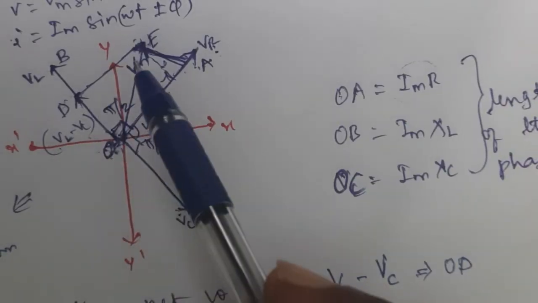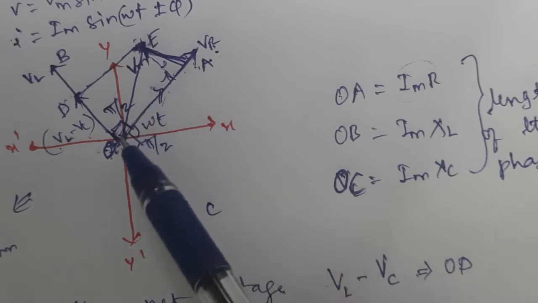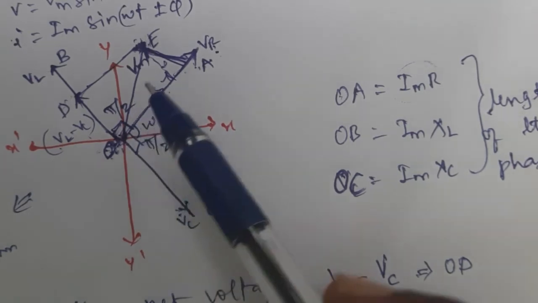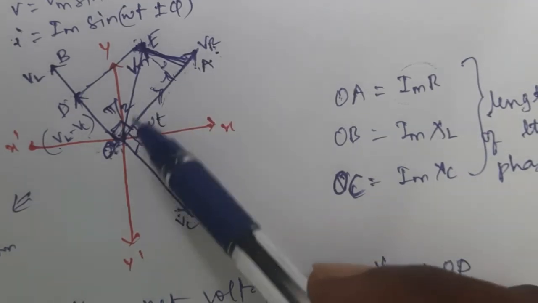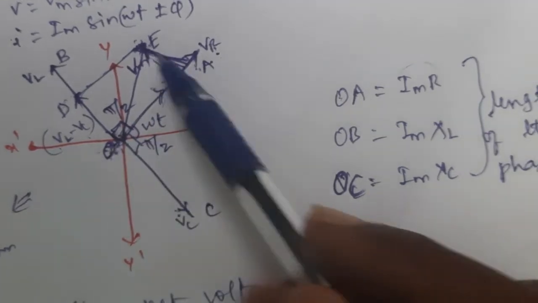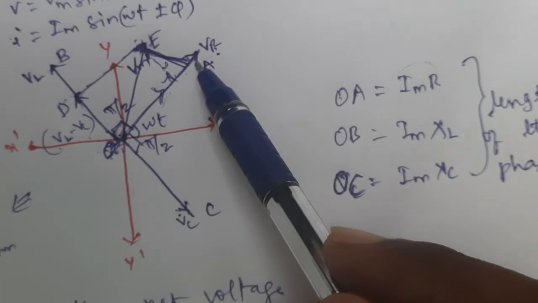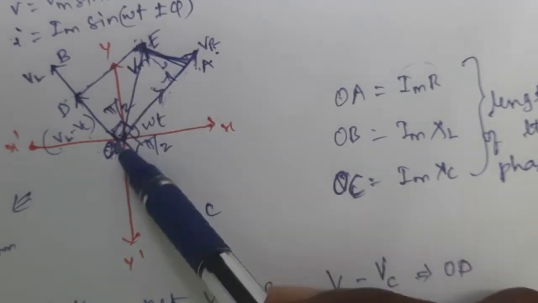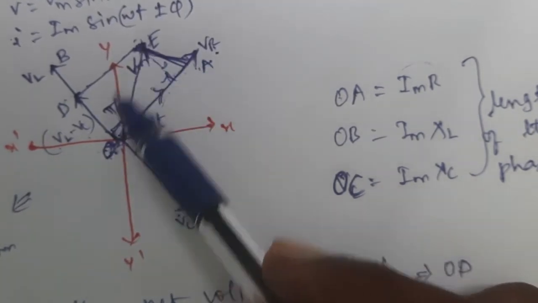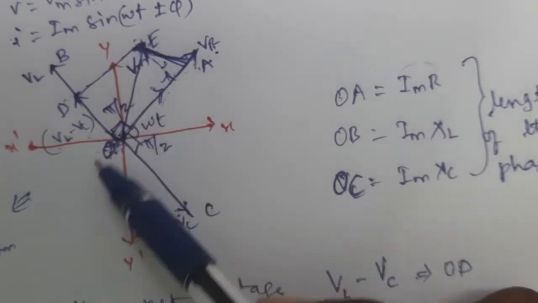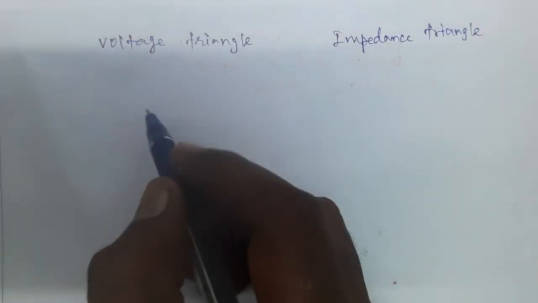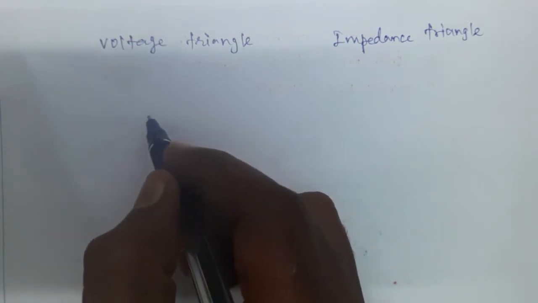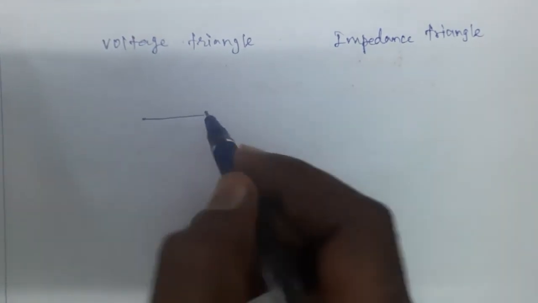From this diagram, now we can draw the voltage triangle diagram and impedance triangle diagram. For the voltage triangle diagram, we have to consider this triangle OAE. So this represents the voltage triangle. We can draw it separately. This voltage triangle, OAE, is from the voltage phasor diagram.